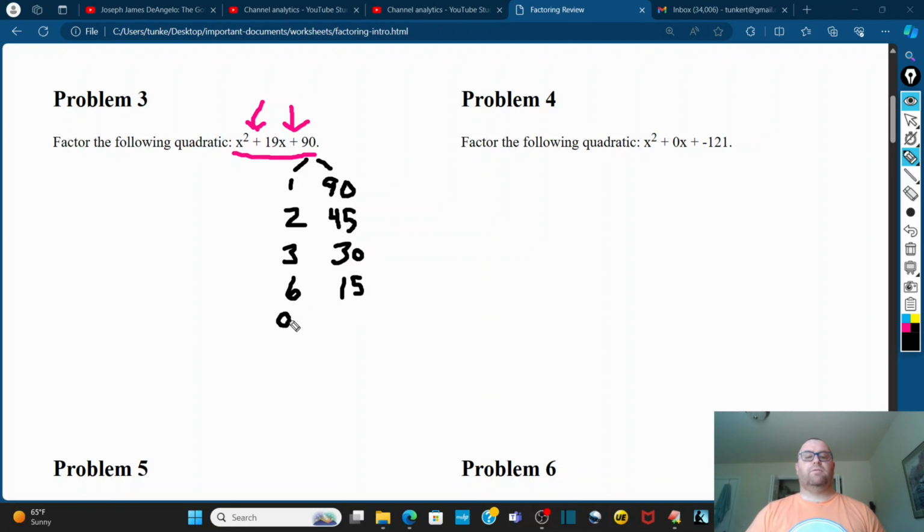But then if we do 9 times 10, so positive 9 times positive 10, well, those are going to add to 19 and multiply to 90. So I can write my factored form for this one as x plus 9 times x plus 10.